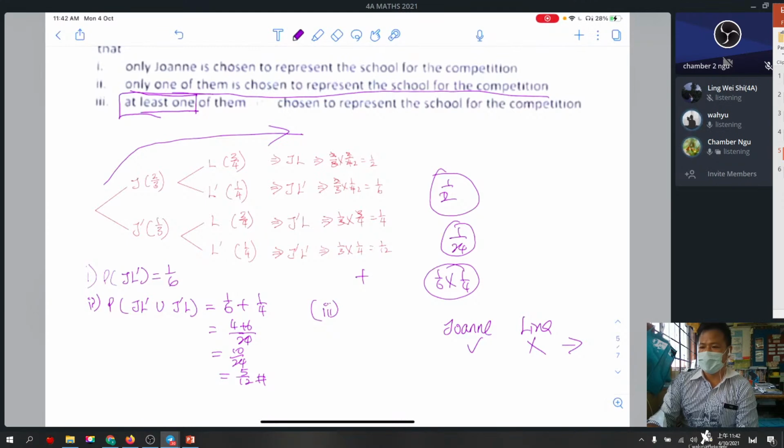Can ah? Join dipilih. Lina tak dipilih. Boleh diterima. Join tak dipilih. Lina dipilih. Diterima tidak? Rebecca?